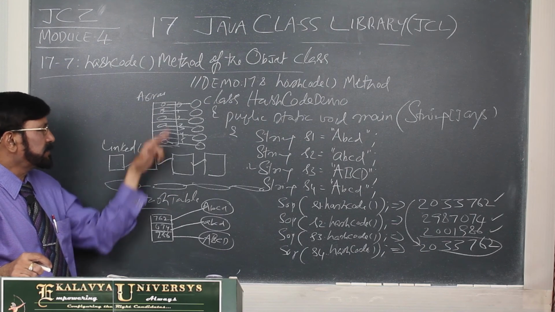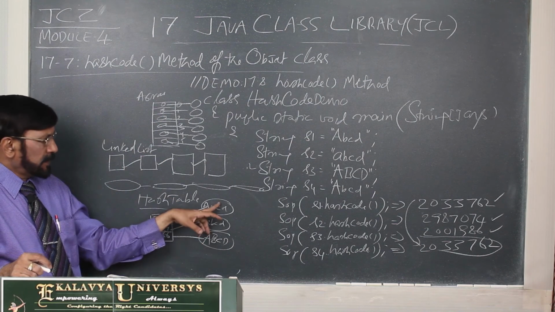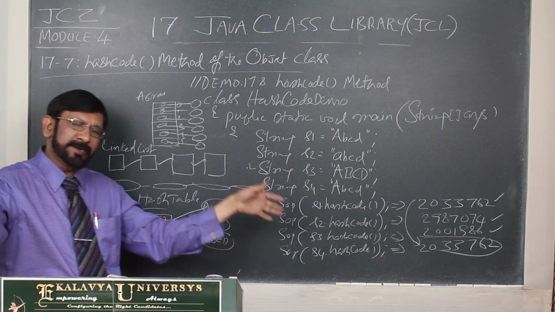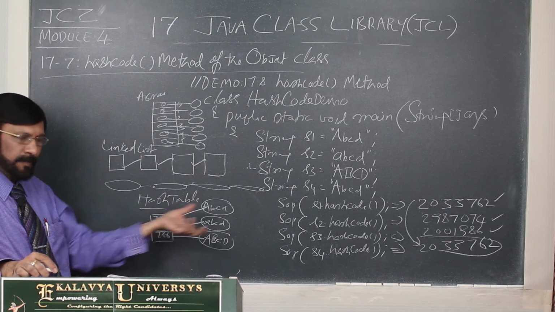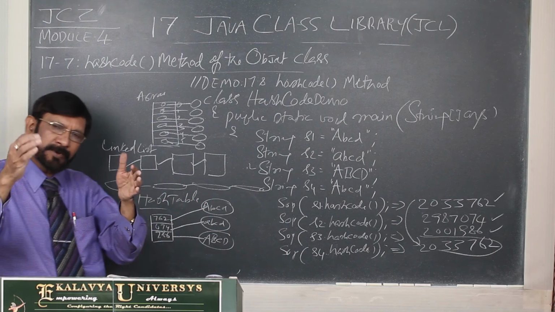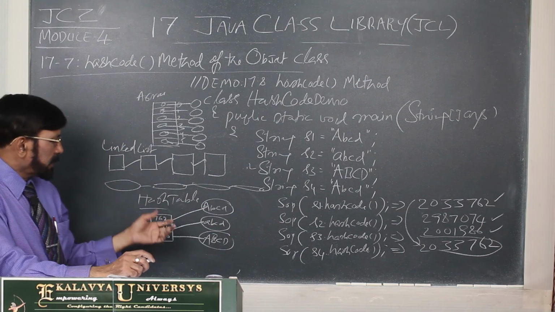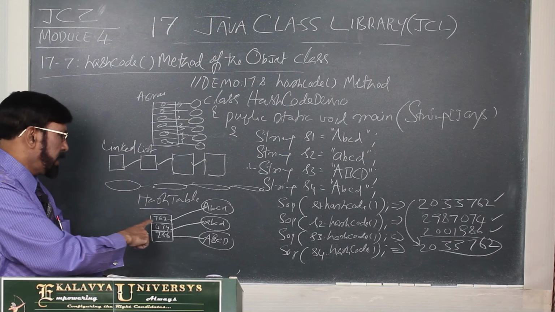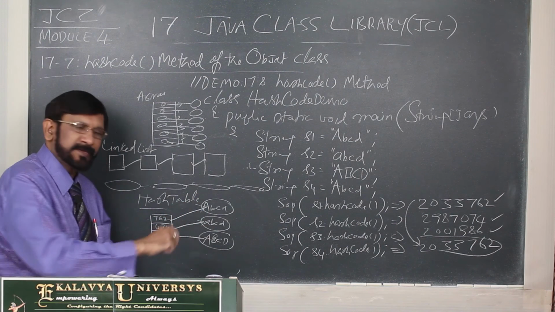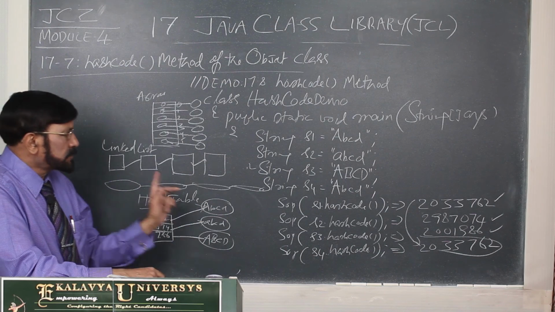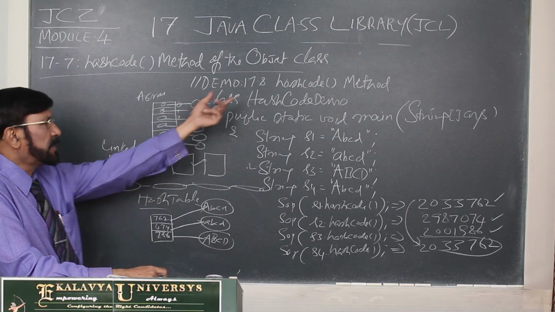But here you see the combined feature. Here also objects are disseminated throughout the memory. Whatever objects are required for a particular data structure, the hash table has them as elements and they are mapped like this. So in this case, what do we have to use?